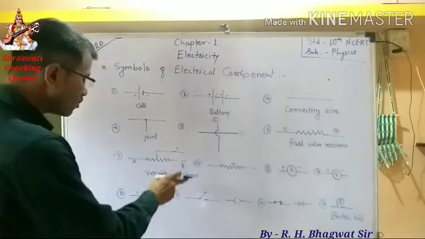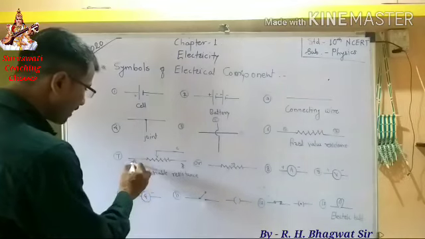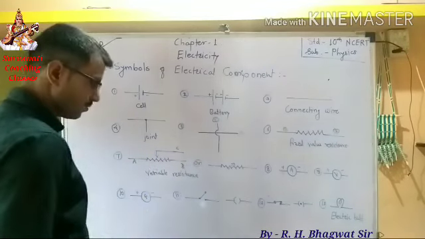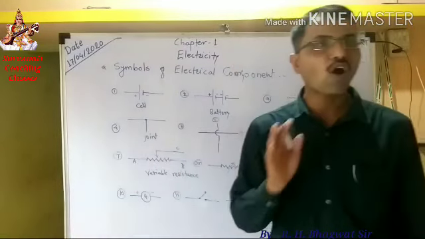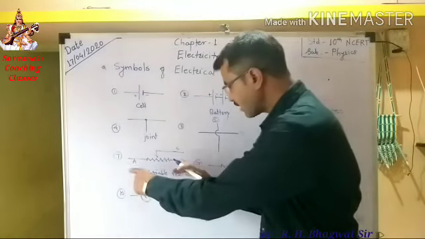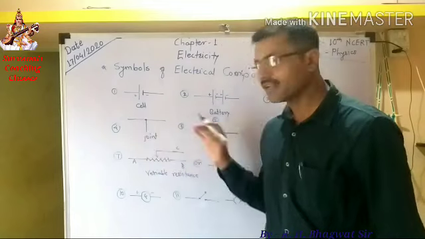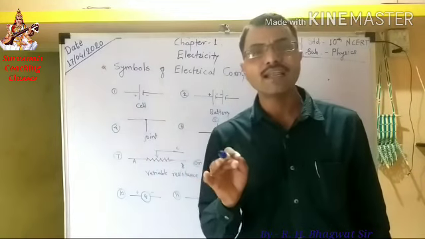Now, this rheostat has three terminals, capital A, capital B and capital C. The terminals capital A and capital B are called fixed terminals, while the terminal capital C is called the variable terminal.